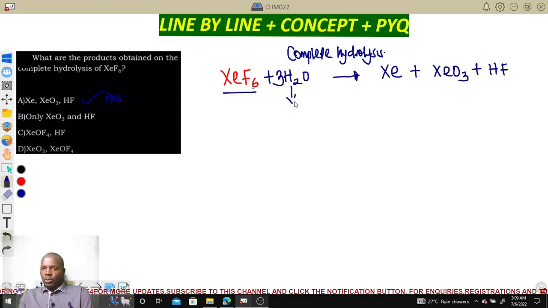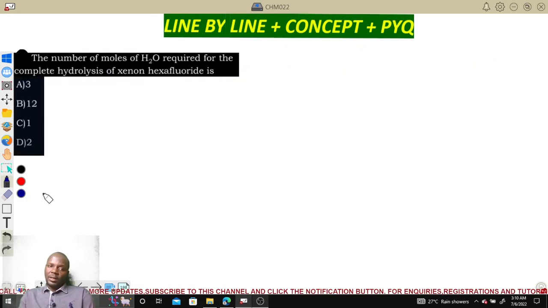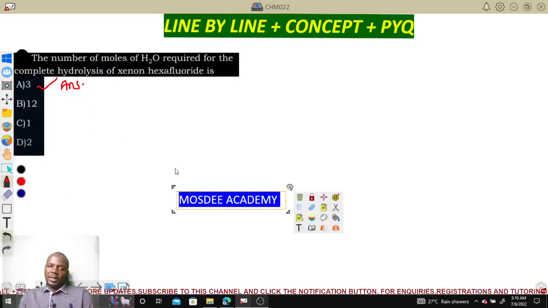So we use 3 moles of water to balance a complete hydrolysis, because you have to complete the total number of what you have here. And if you want to complete, you have to balance the equation. But we use 3 moles of water for complete hydrolysis. So the answer is 3 moles of water. The next question will be in the next slide.